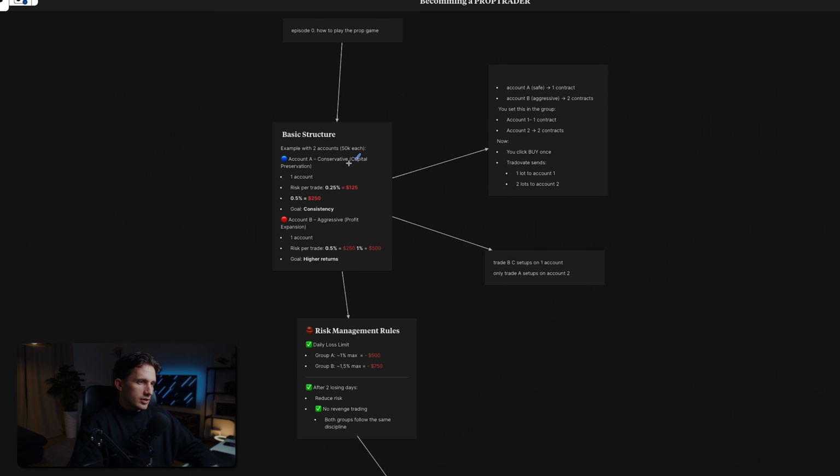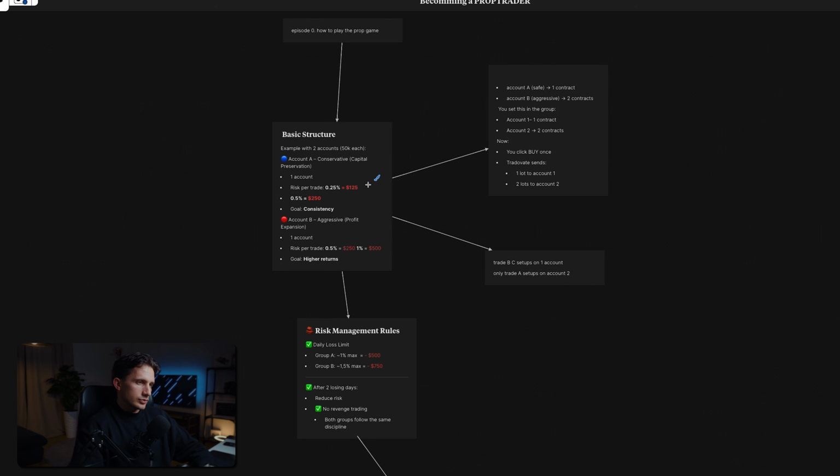But this whole example is with 2 accounts. So let's say you have 2 PA accounts, 50k. Account A is the conservative one. On this account, our goal is to be consistent. Account B is aggressive. We are looking for high returns. So you get the point.